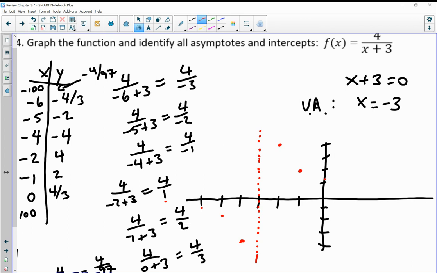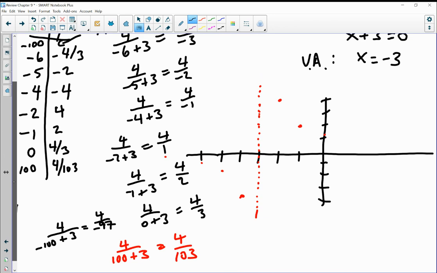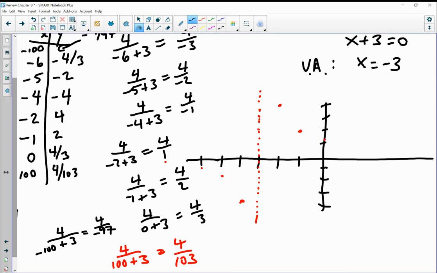And then on the plus side, 100, we would have 4 over 100 plus 3, that's 4 over 103. That'll be very close to 0, but on the positive side of the x-axis, something along the lines of here.